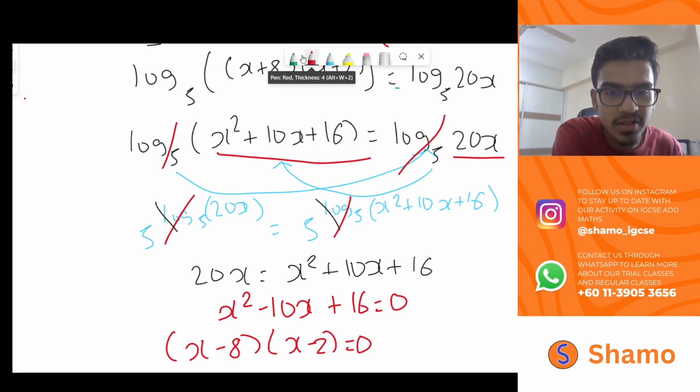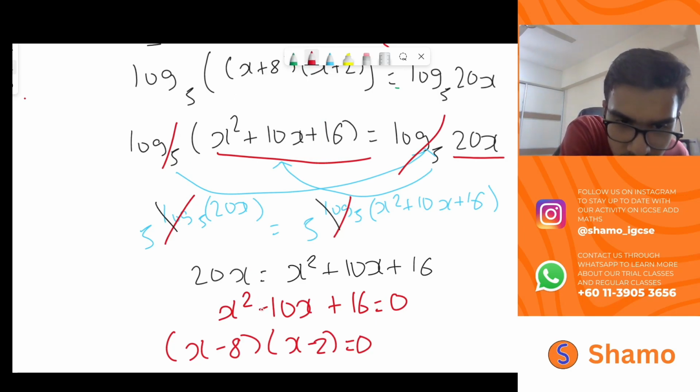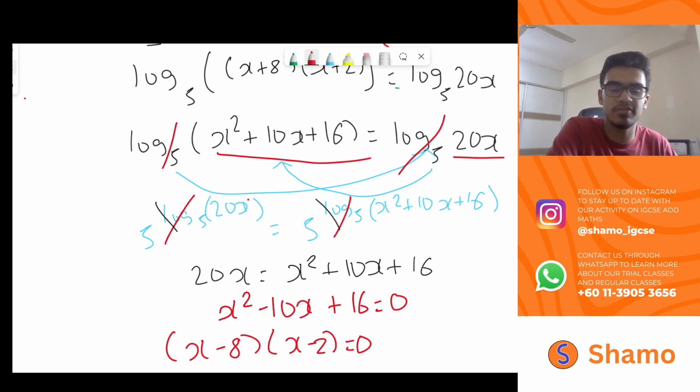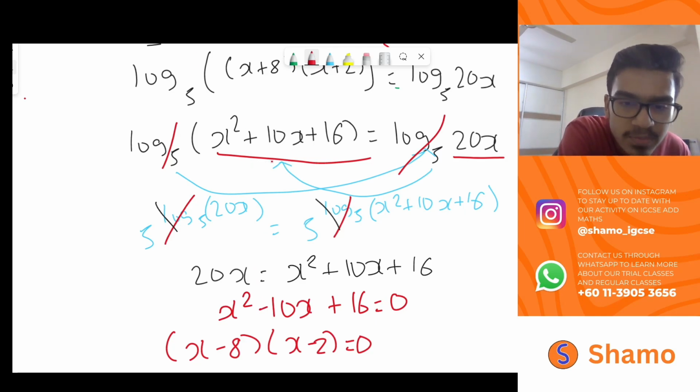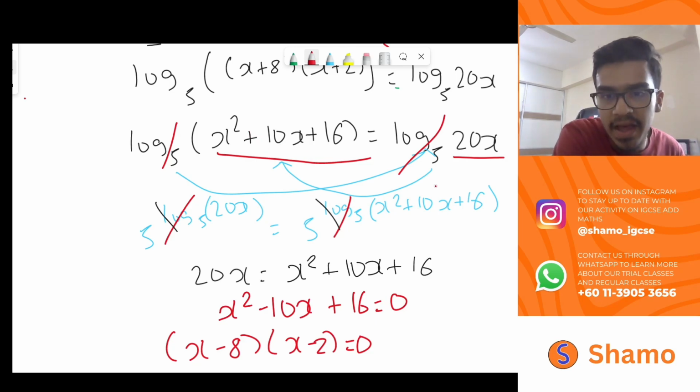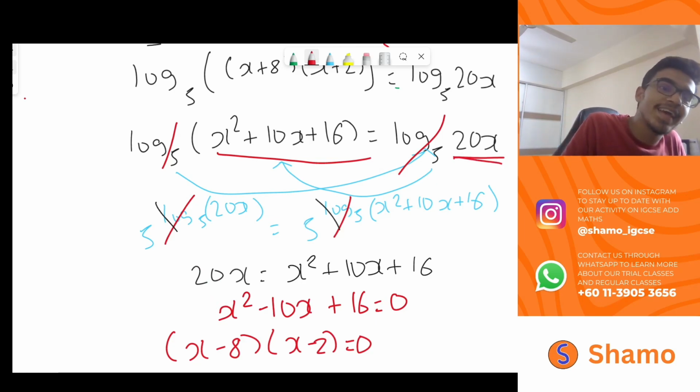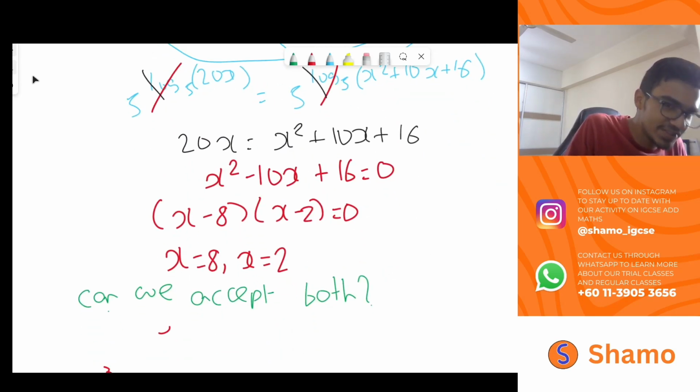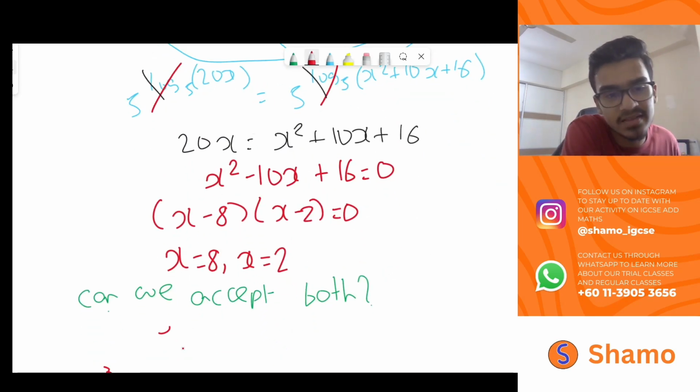So x squared plus 10x plus 16, it will be positive for 2, it will be positive for 8. And 20x, it will be positive for 2 and positive for 8. So yes, in this case, correctly, we can accept both answers.